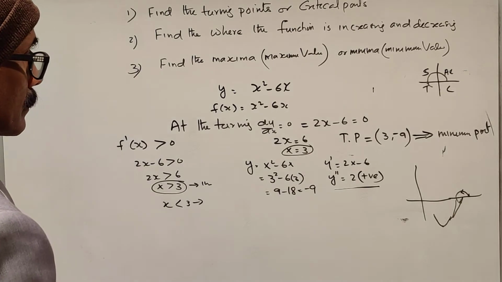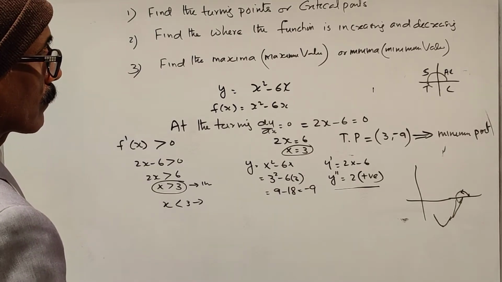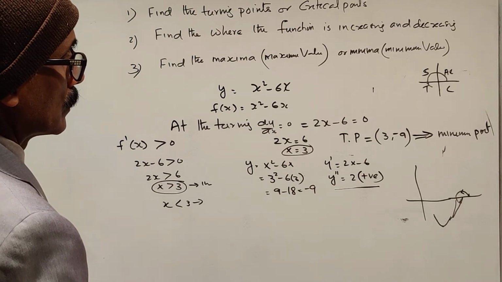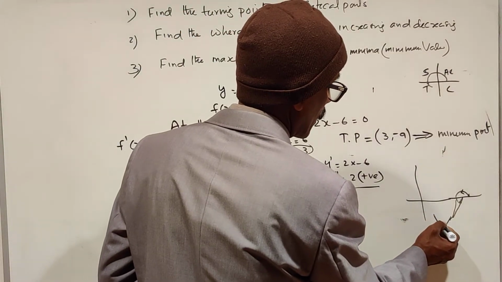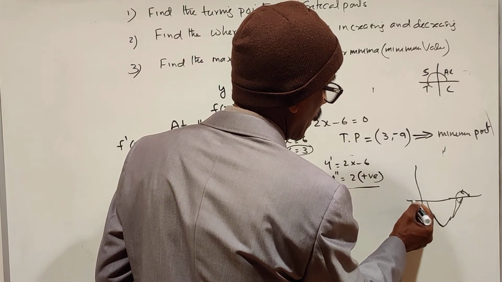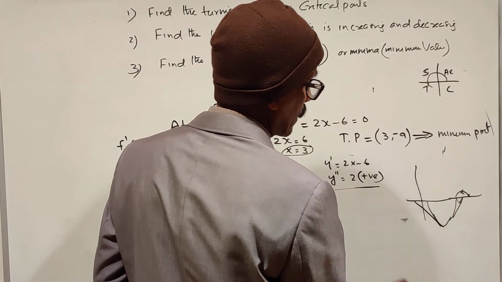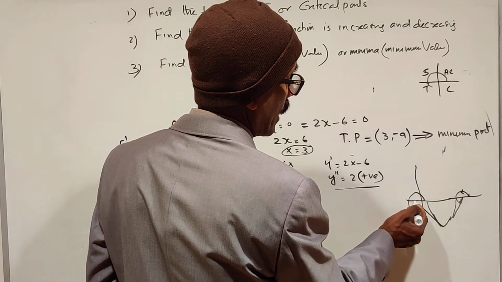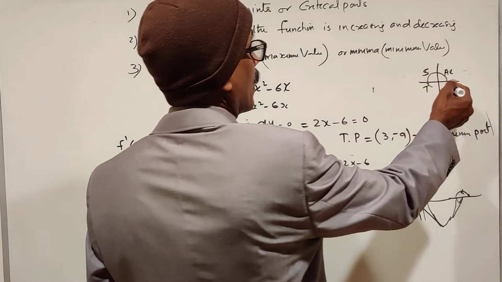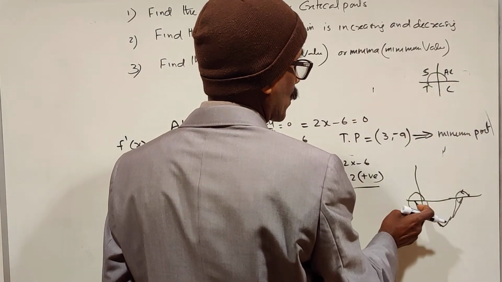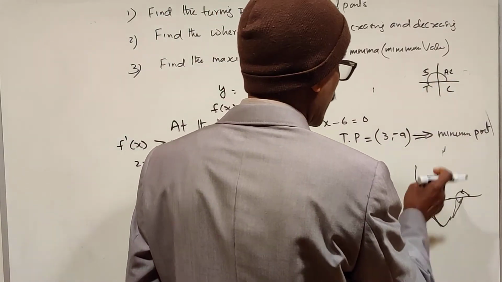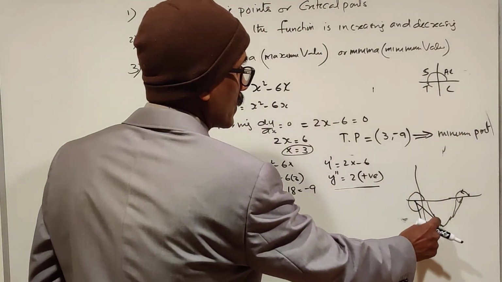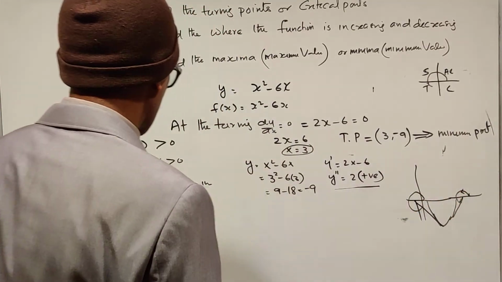Okay? See that one, like this. What is this angle? This angle is greater than 270, that is in the fourth quadrant. So tan is negative in the fourth quadrant. So this portion is decreasing, this portion is increasing.